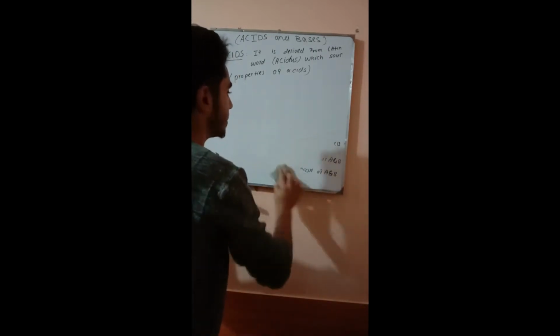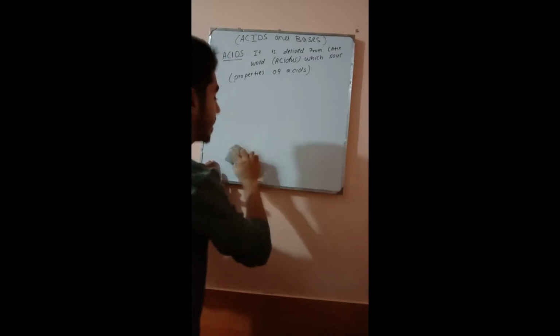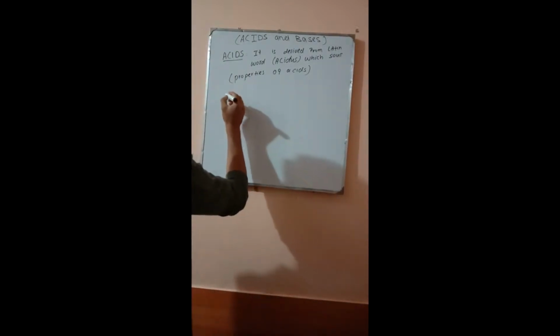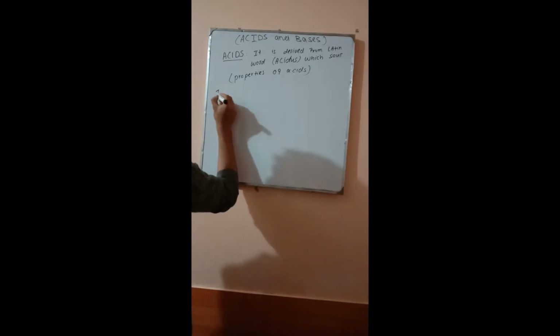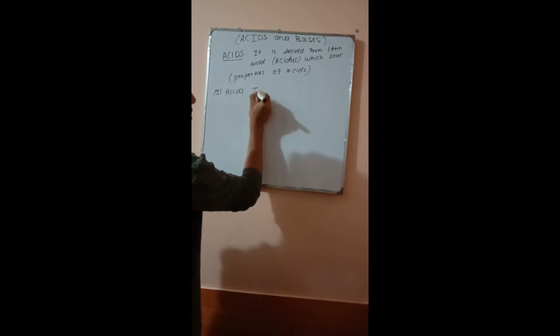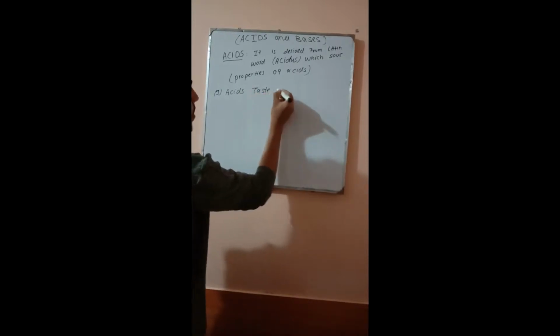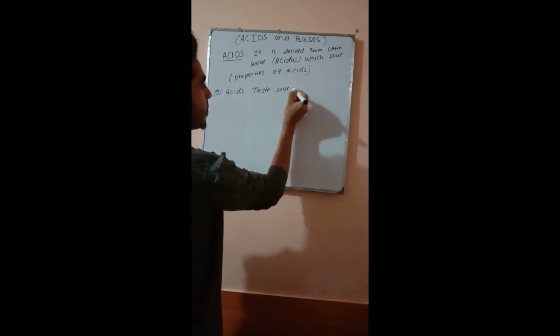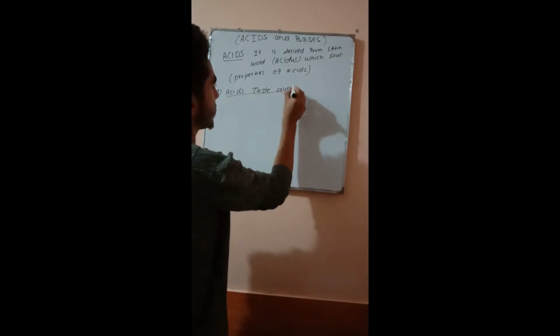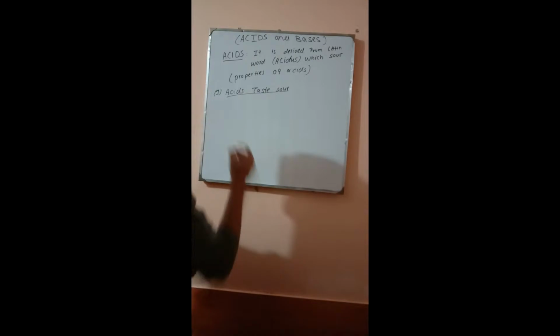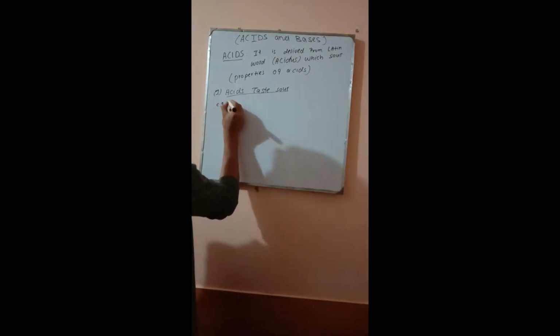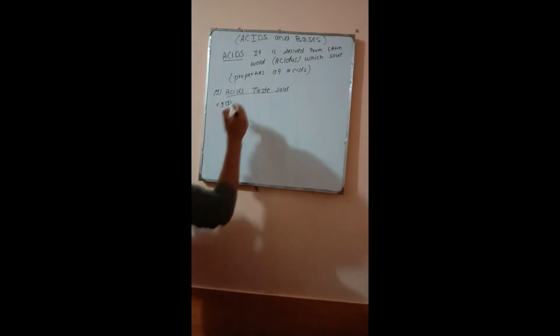The first property of acids is that acids have a sour taste. Acids taste sour. Example number one is vinegar.